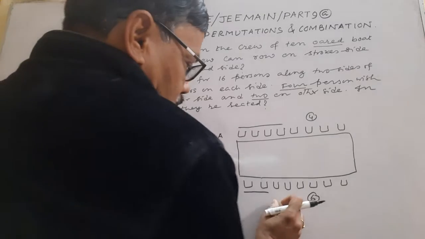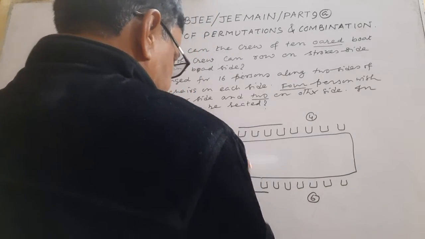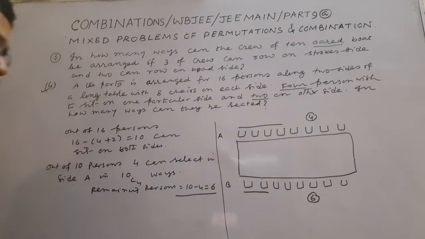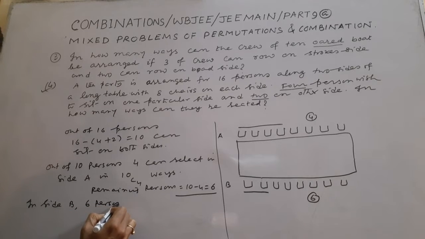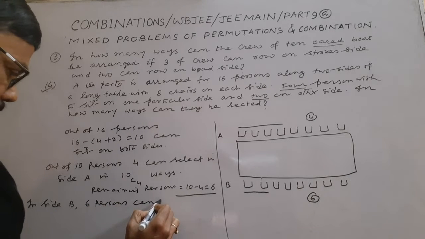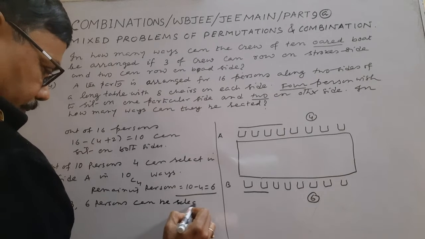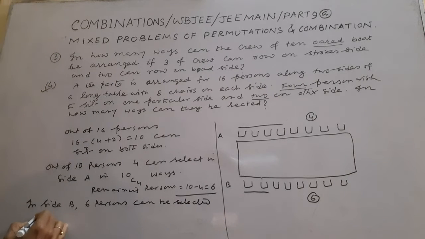These 6 have to be placed in side B. In side B, 6 persons can be selected for the 6 vacant seats.